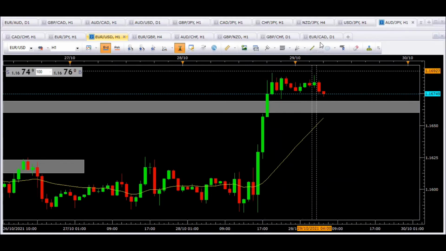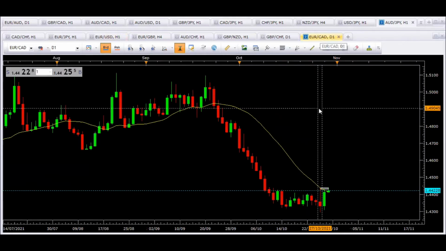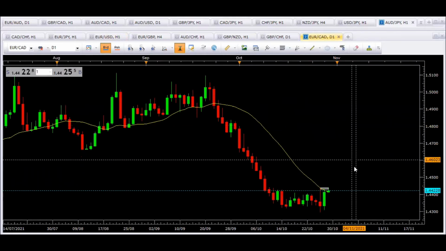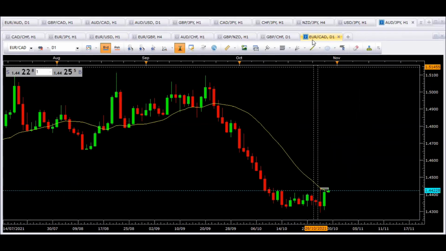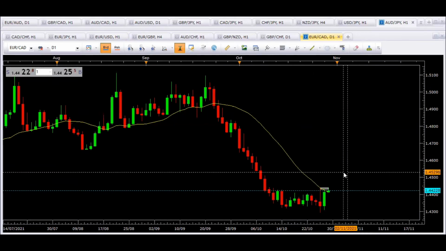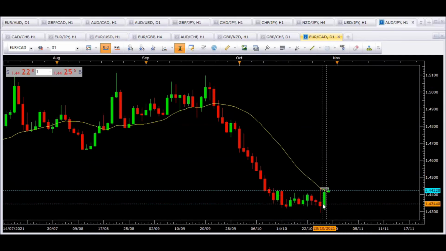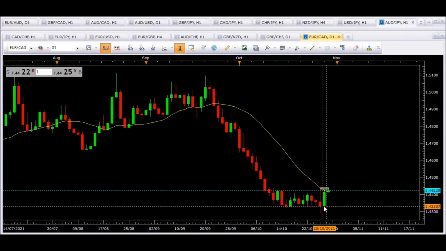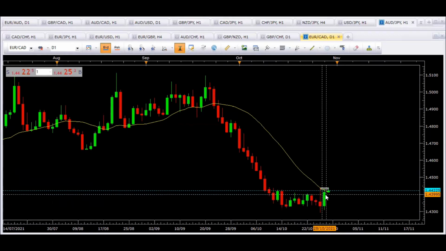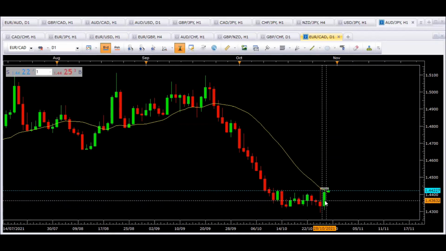Now for today's trades, guys. So after that news, this is the euro against the Canadian dollar. This is the day chart. You can see the euro had a huge rally off of a low, this large green bullish candle.